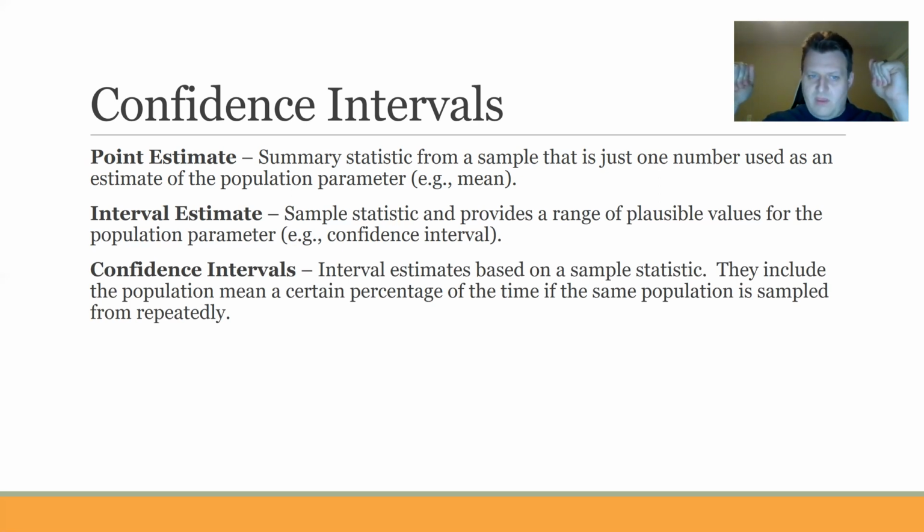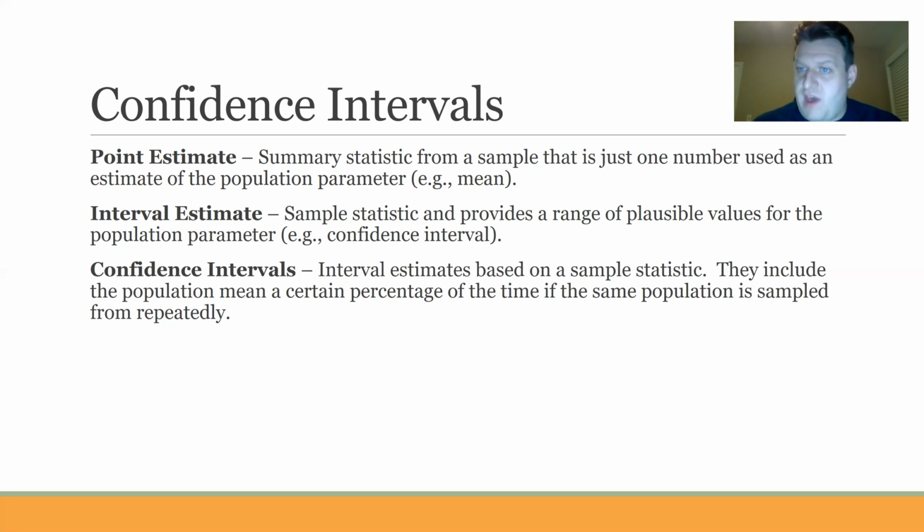Okay, and the way that we interpret confidence intervals is tricky, and many people get the interpretation of them wrong. So here's the correct interpretation of what a confidence interval is. If we were to repeat this experiment, repeat this study, repeat this sampling practice again and again and again an infinite amount of times, the confidence interval that we create, okay, each single time around the sample mean, 95% of those confidence intervals will include the true population mean.